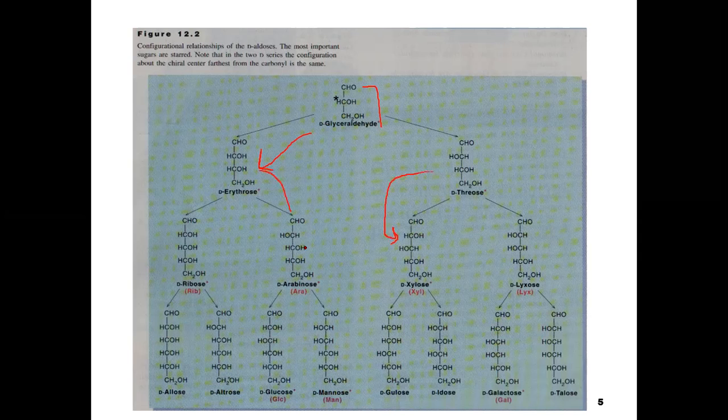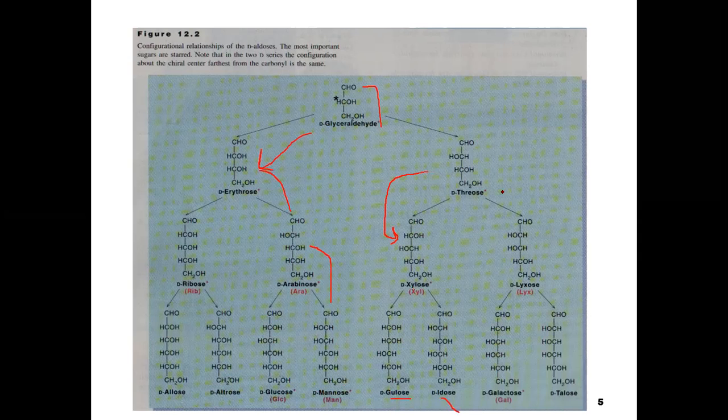If one more carbon is added, condensed with this molecule, it can be converted. Arabinose can be converted into the glucose and mannose, and ribose can be converted into the allose and the altrose. So by xylose again we can get glucose, idose, galactose, and talose can be obtained from the lyxose molecule after the conversion.